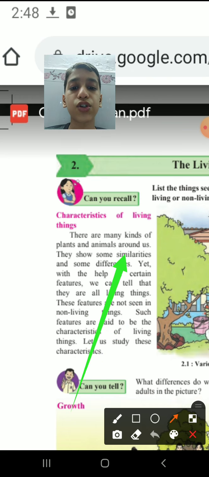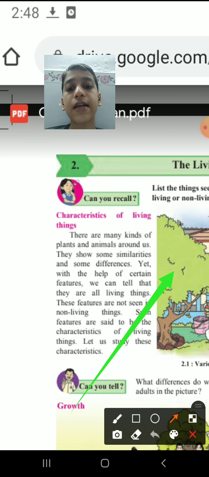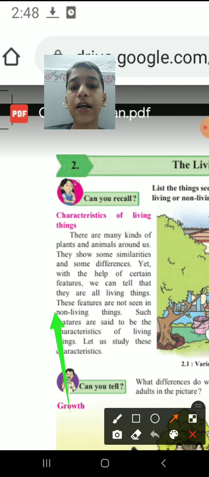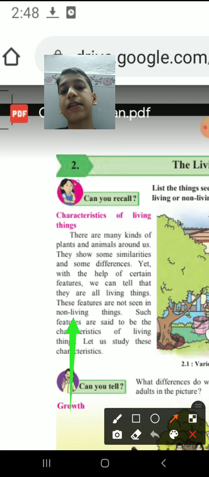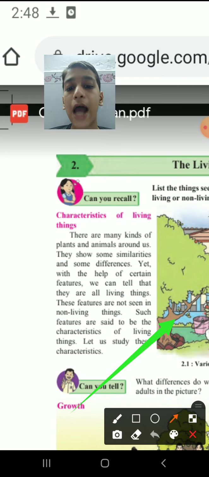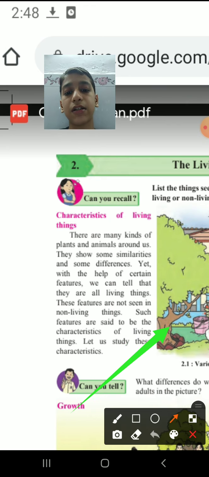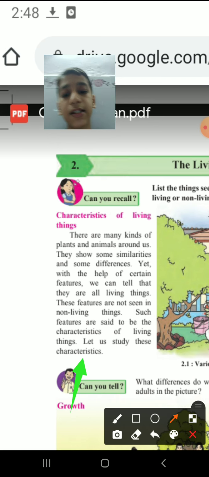They show some similarities and some differences. Yet with the help of certain features, we can tell that they are all living things. These features are not seen in non-living things. Such features are said to be the characteristics of living things. Let us study these characteristics.